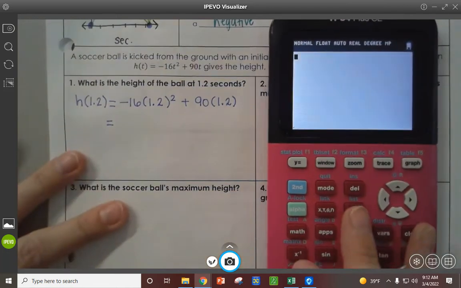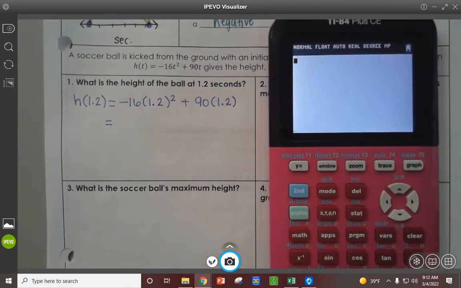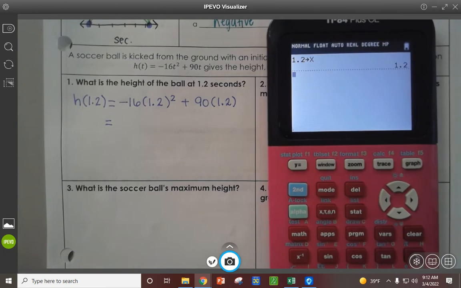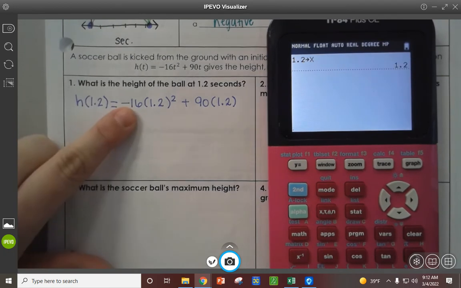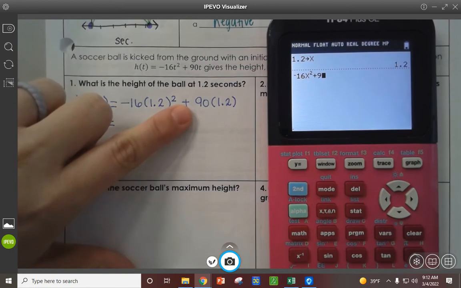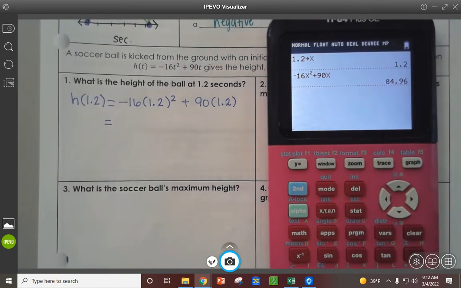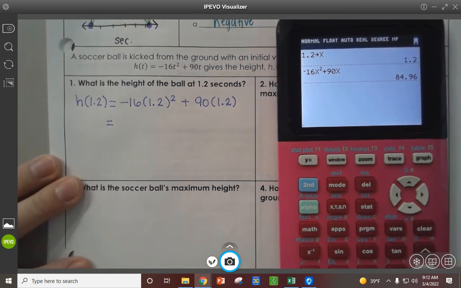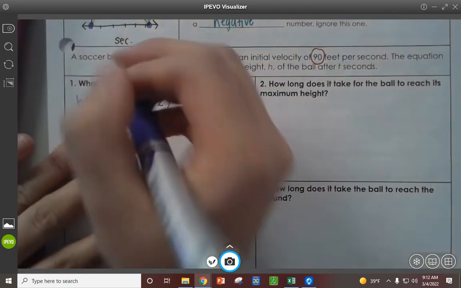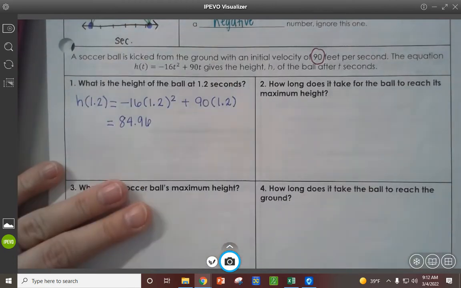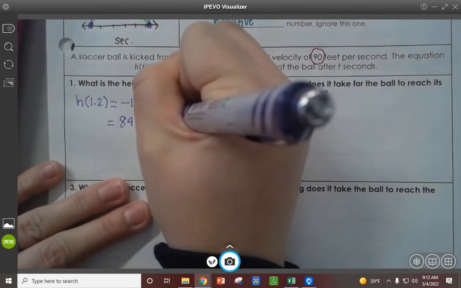I would recommend using the store button. So 1.2 store x, hit enter, and then type in negative 16x squared plus 90x. And you get 84.96 feet.